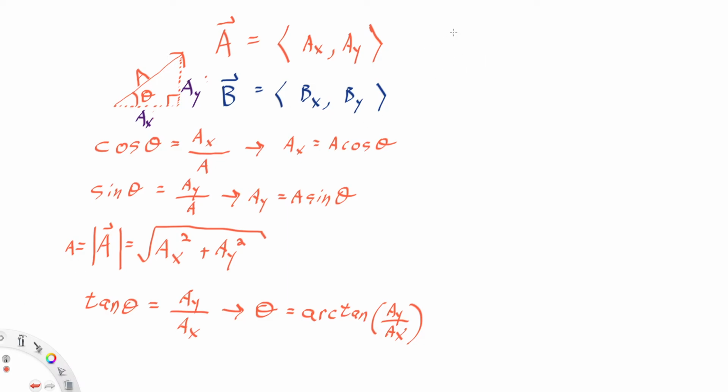And the first thing that we might want to do is add them. So if A, say, is the description of the first leg of a hike that you're on, and B is the description of the second leg of a hike you're on, then adding them together will give us the total ground that you've covered over the length of your hike.